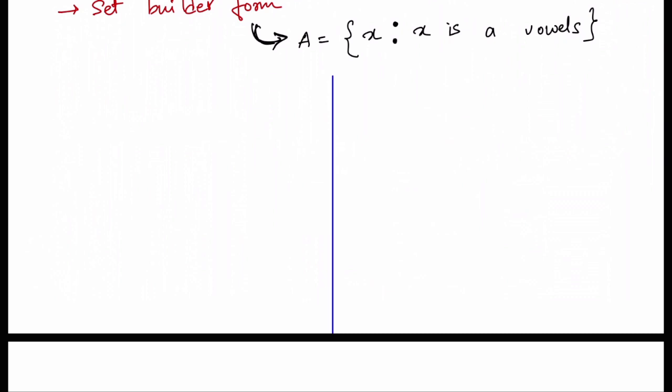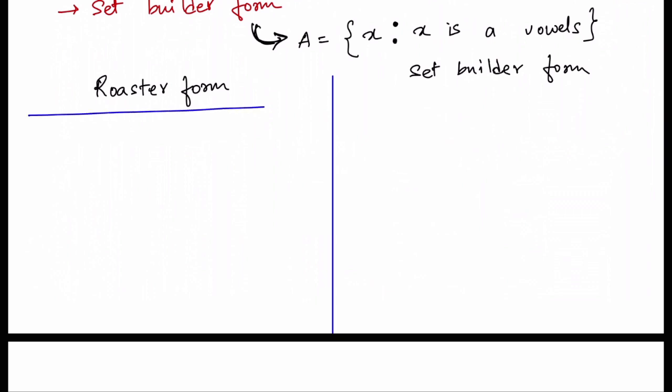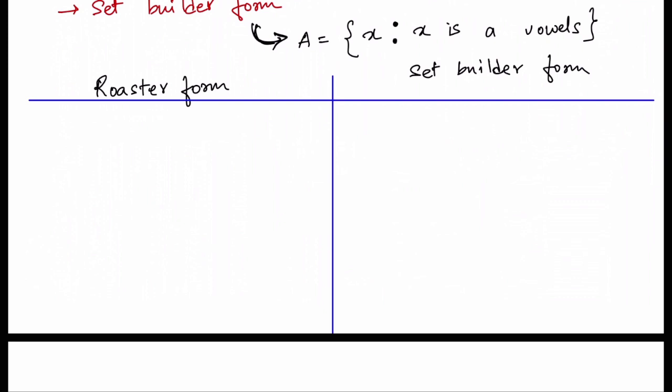Here I will write roster form, and here I will write set builder form. We will write all the sets in tabular form so that it will be easy to understand.